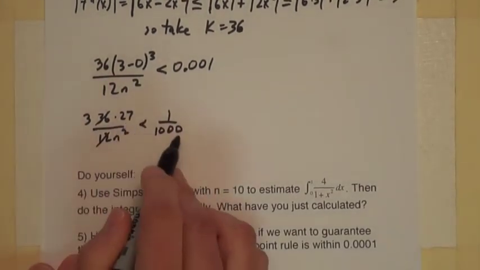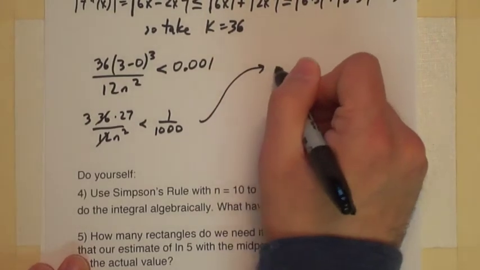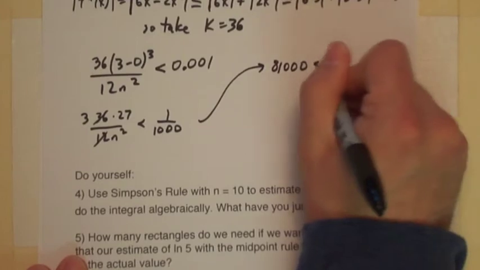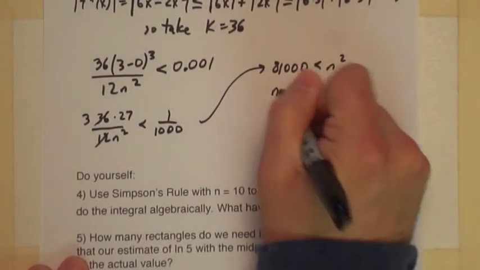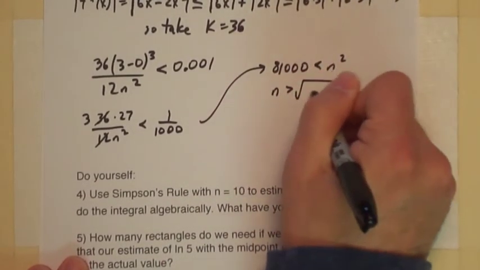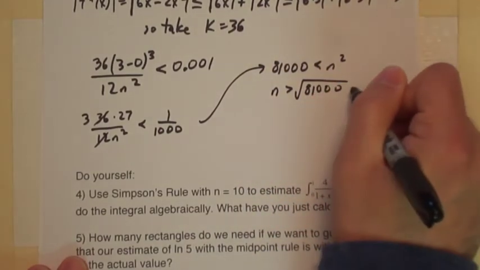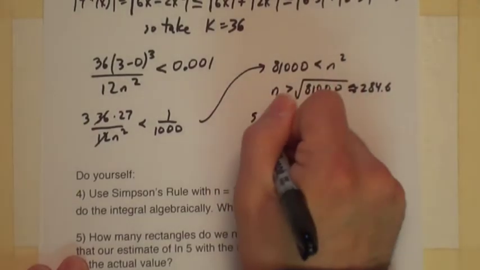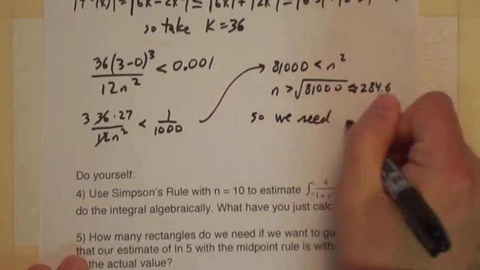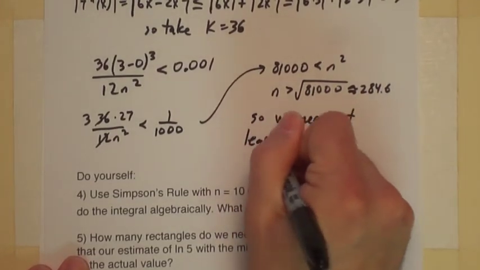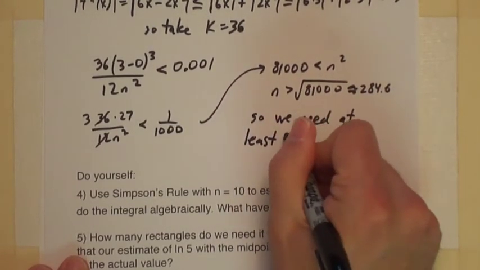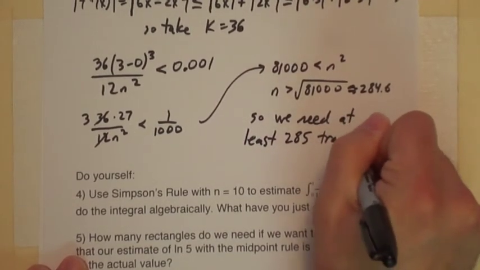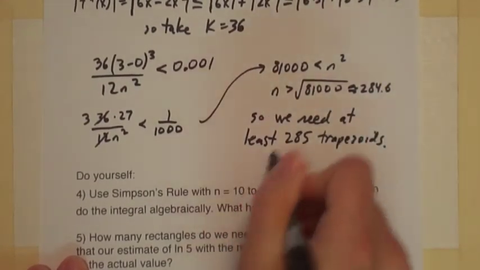So I get 81 times 1,000 is less than n squared times 1, n squared. So n is bigger than the square root of 81,000, which is 284.6 approximately. So we need at least 285 trapezoids. And that's our answer.